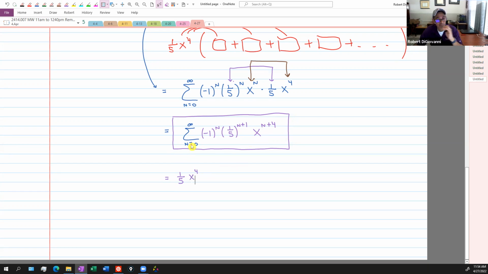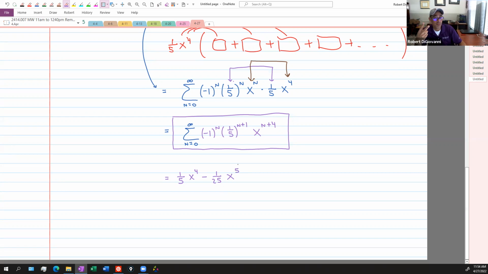Now I'm going to let n be 1. If n is 1, I get a negative now. So minus, and then 1/5 to what power? The second. (1/5)^2 is 1/25. And then x to the, I'm plugging in 1, so 1 plus 4 is 5, so x^5.